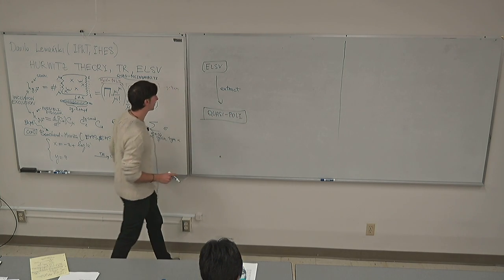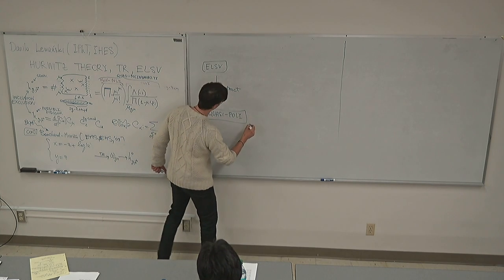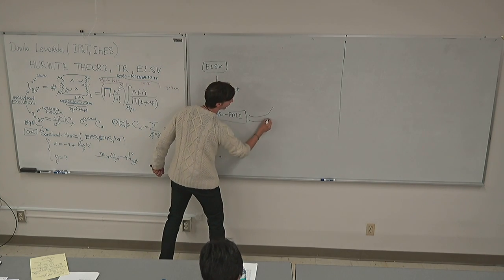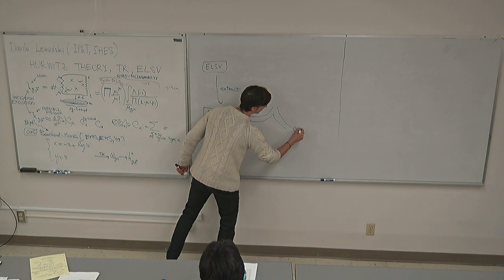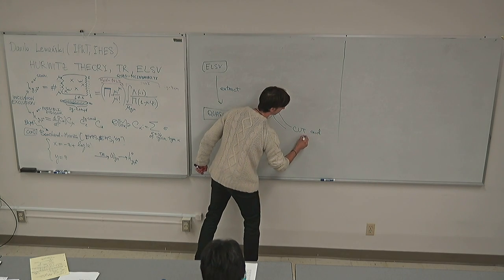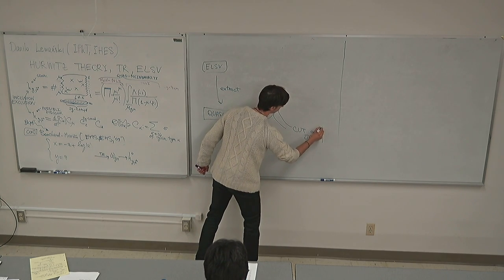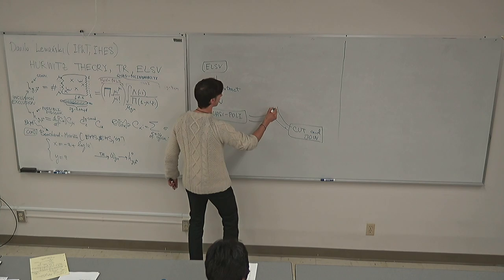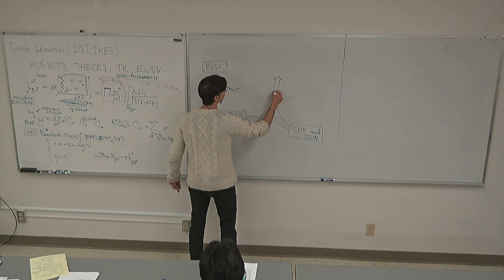And then, what people were doing is they combine quasi-polynomiality with the cut-and-join equation. And then, out of this, I can prove topological recursion.